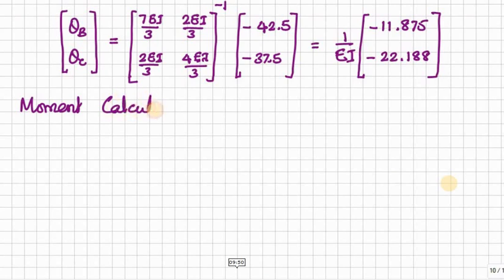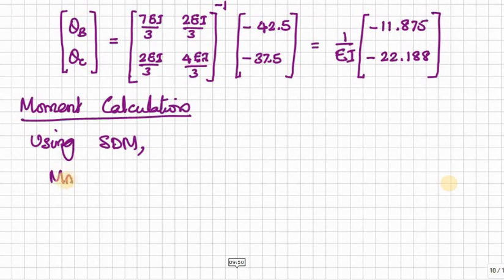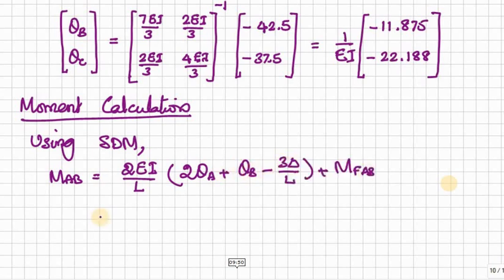using again the slope deflection method. So MAB is equal to 2EI by L into 2 theta A plus theta B minus 3 delta by L plus MFAB. This is the general formula. In this formula, theta A is equal to 0 because of the fixed support, and delta is also 0.